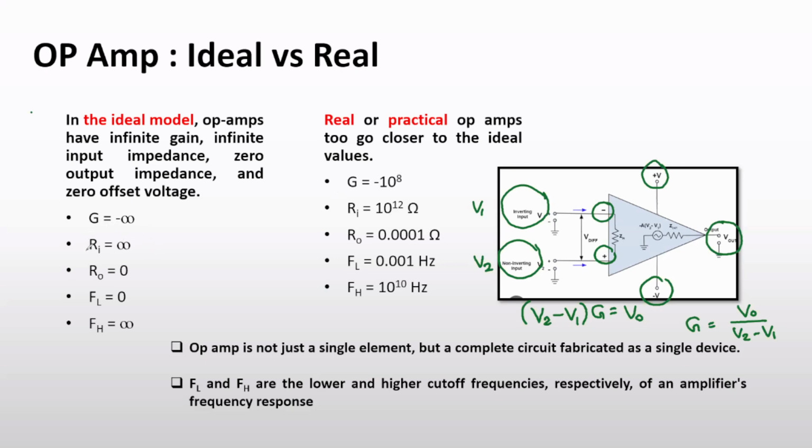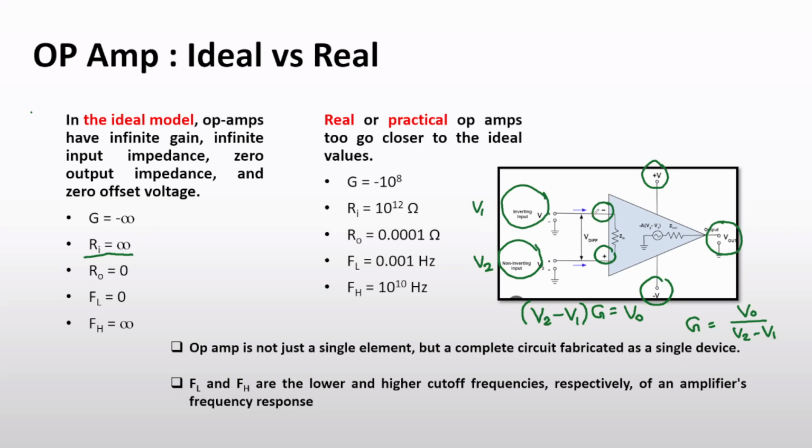And RI is the resistance or the impedance of the inputs. In the ideal op amps, the input resistance is infinite.